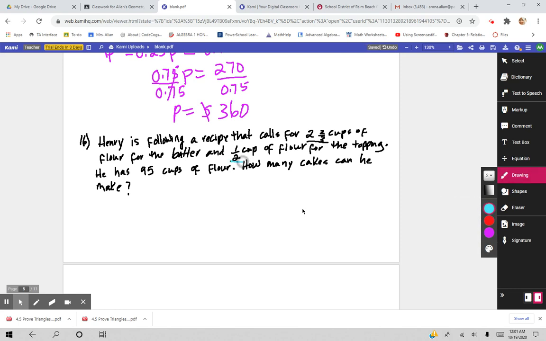To make that one cake, he's going to need this much for the topping and this much flour for the batter. So we need to add those together, 2 2/5 cups plus 1/2 cup for each one cake.